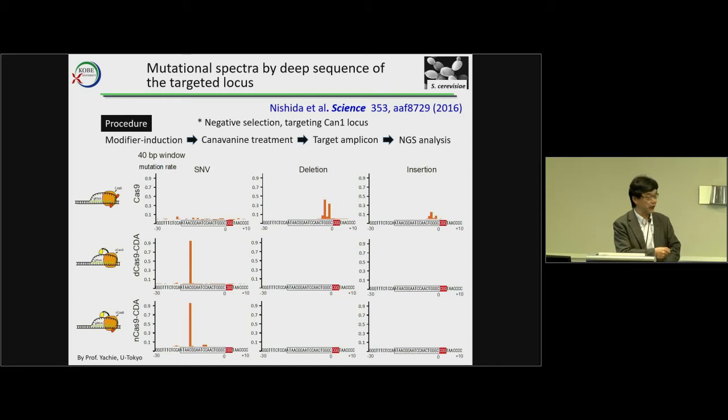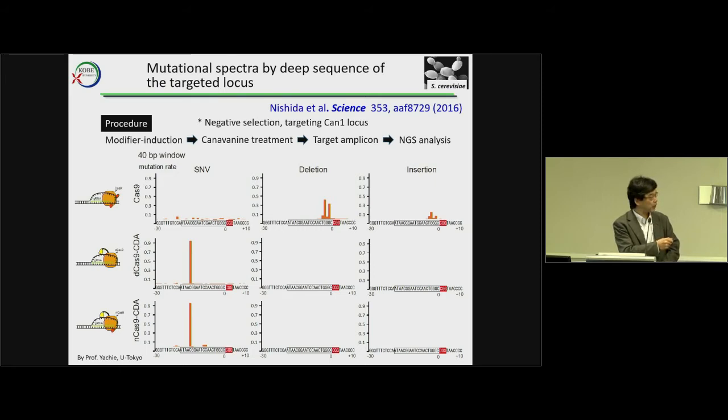This is the nickase Cas9 deaminase. In the Cas9 case, this is a mutation, this is a deletion, and this is insertions. So in the Cas9 case, a variety of things happen because a double-stranded break happens. After that, life tries to repair it in a variety of ways.